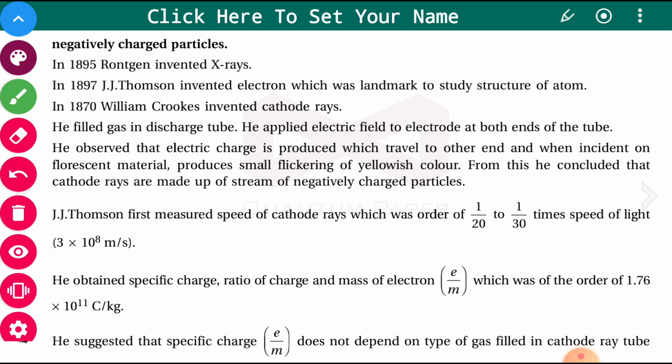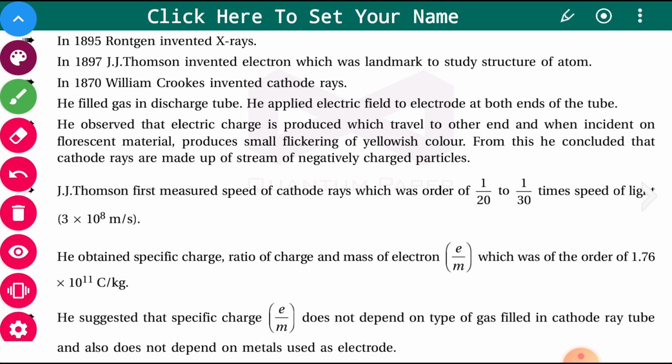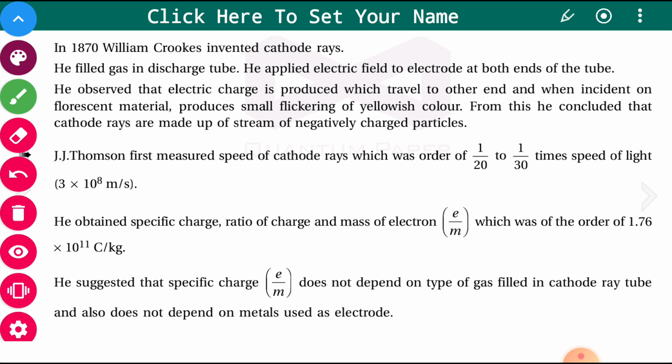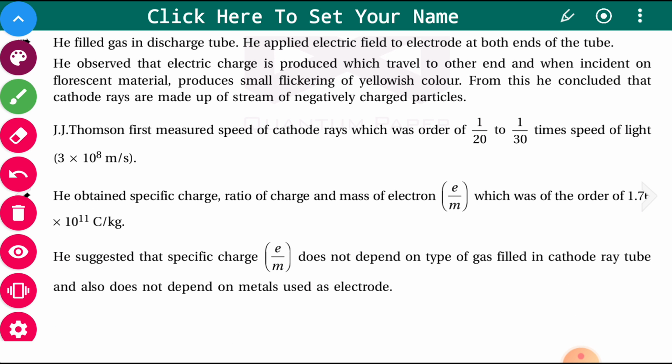He observed that electric charge is produced which travels to the other end, and when incident on fluorescent material, it produces a small flickering of yellowish color.